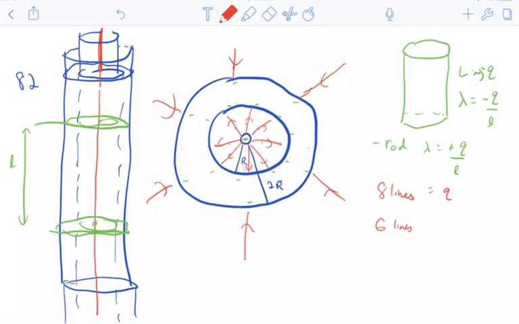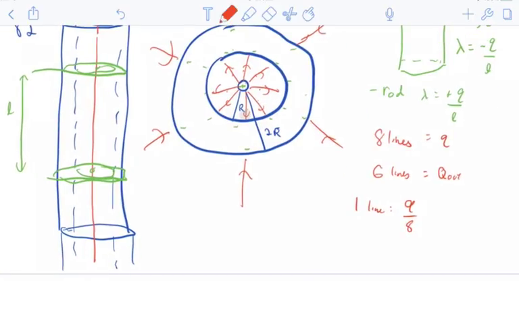So Q out. How much charge is there on the outside? Well, 1 line is equal to Q over 8, right? So 6 lines is equal to 6 times little q over 8, which is 3 over 4 little q, and that's q out.